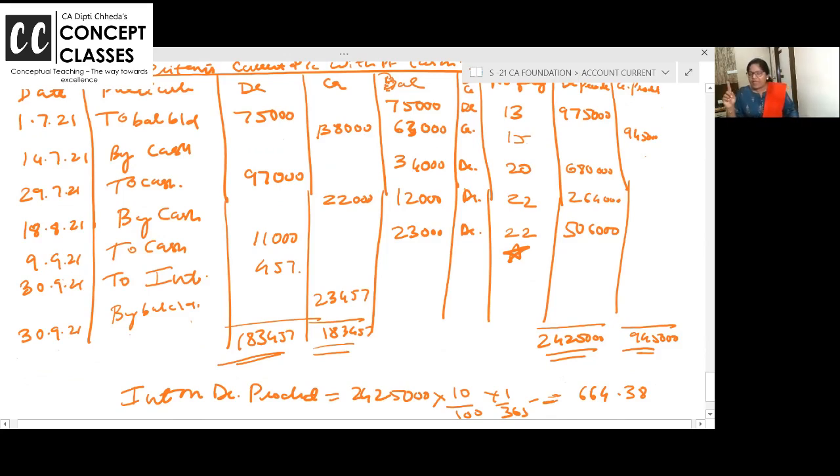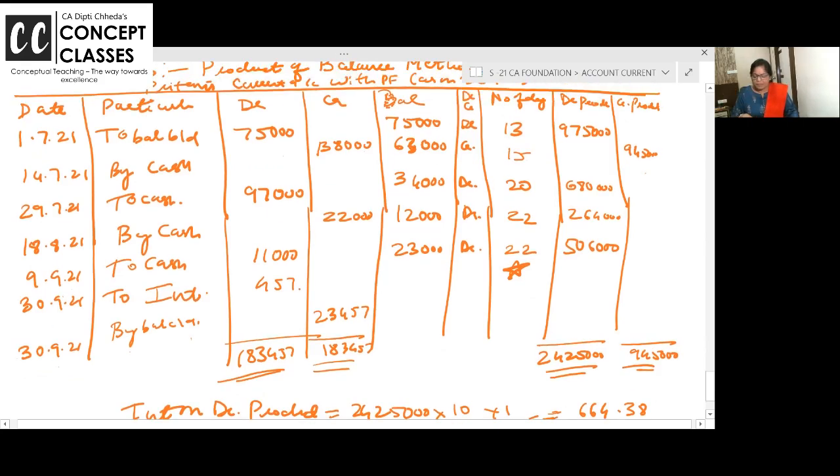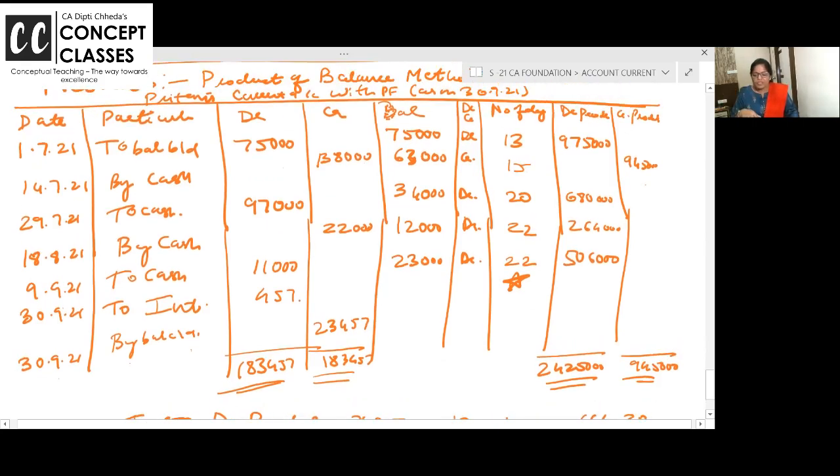So that's why we take one day extra in case of closing, like in the opening balance, we take opening also. Right or not? From first July till 14th July, you have taken 13 days. Opening balance, we take it in the product of balance method. Like that, here we will take 1 day extra.